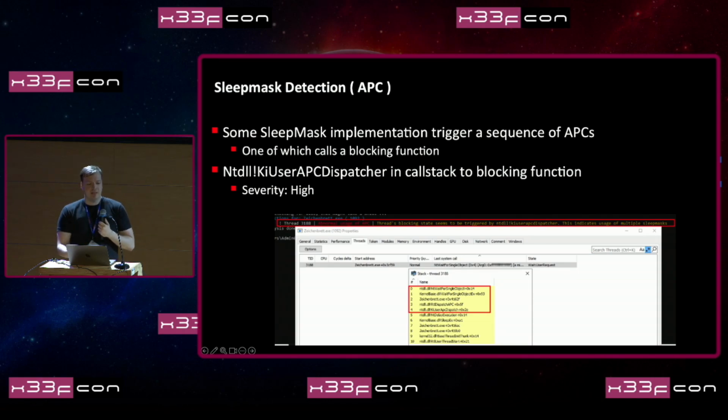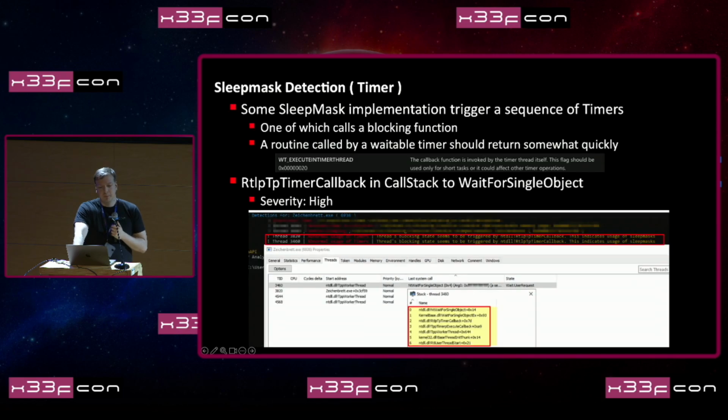And if an APC says, hey, while you have nothing to do, please wait for 5 minutes, this doesn't make a lot of sense. So if we see that a blocking function was called and we see the KiUserApcDispatcher on the call stack, then we can, with high confidence, say that there's something going on.